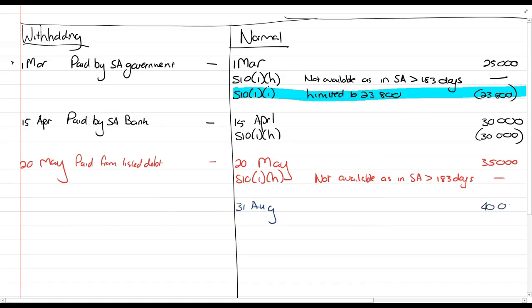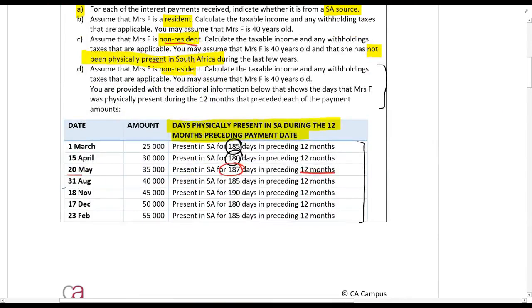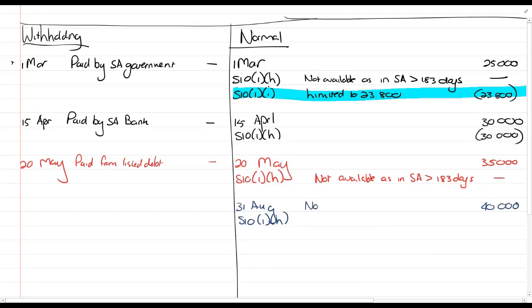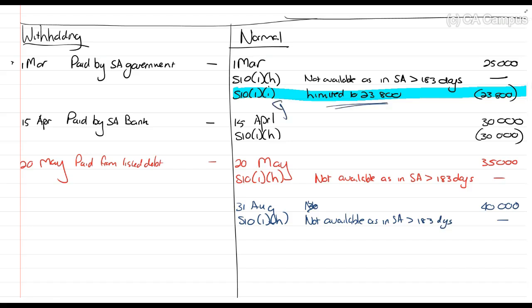Section 10(1)(h): for 31 August, in the last 12 months, 185 days. So we don't get it, and again section 10(1)(i) has been fully used, which is the next step you would consider here.